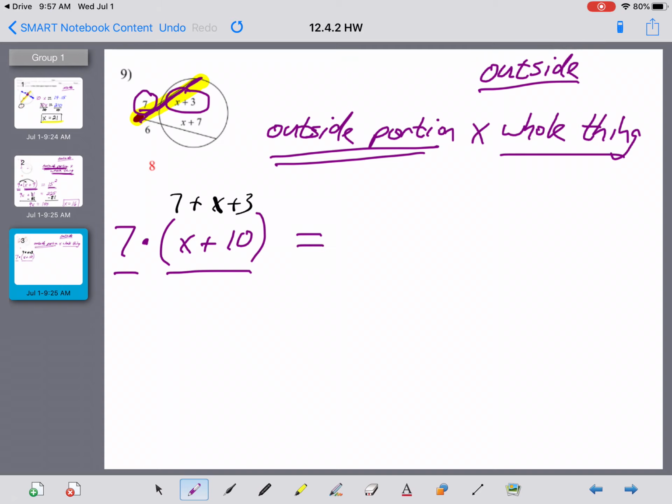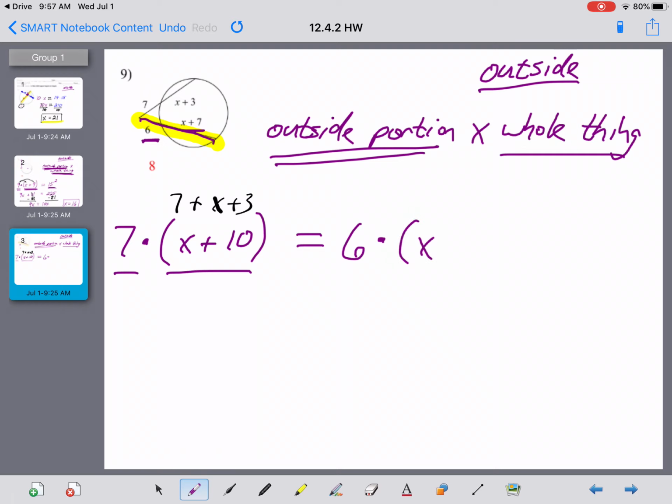And that product is equal to, and now we're going to do the exact same thing down here on the bottom. The outside portion times the whole thing, but now we're talking about this piece right down here. Okay, so down in the bottom, how long is the outside portion? That's your 6 there. So the outside portion is 6, and that gets multiplied by the entire bottom segment, which is 6 added to x plus 7.